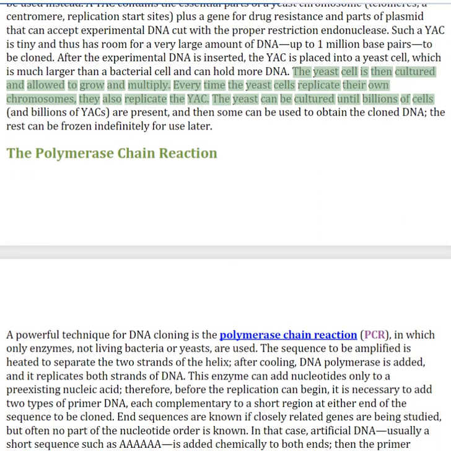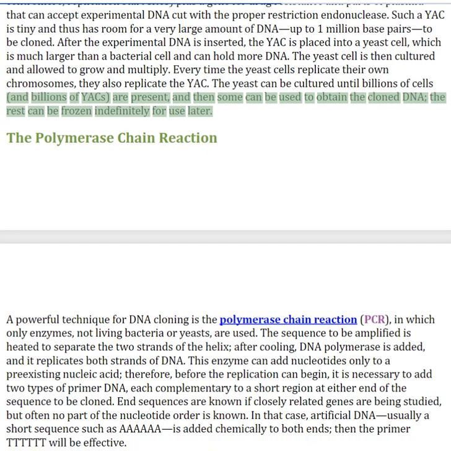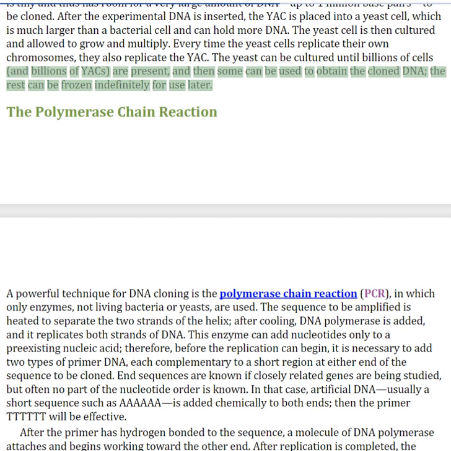The yeast cell is then cultured and allowed to grow and multiply. Every time the yeast cells replicate their own chromosomes, they also replicate the YAC. The yeast can be cultured until billions of cells are present, and then some can be used to obtain the cloned DNA. The rest can be frozen indefinitely for use later.